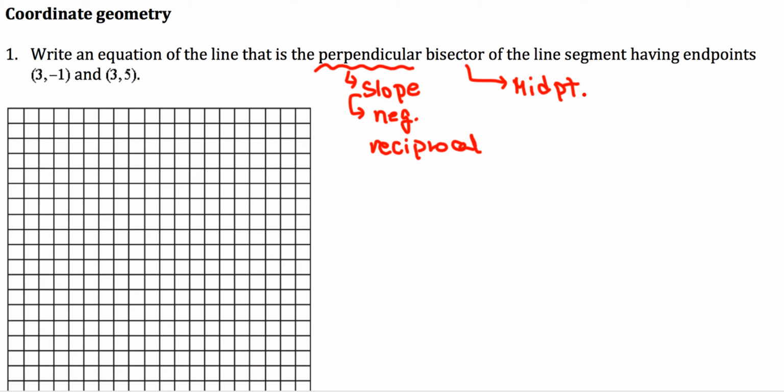So let us try to look at these things together. So what if you had 3 comma negative 1, 3 comma negative 1 right over here, and then 3 comma 5.